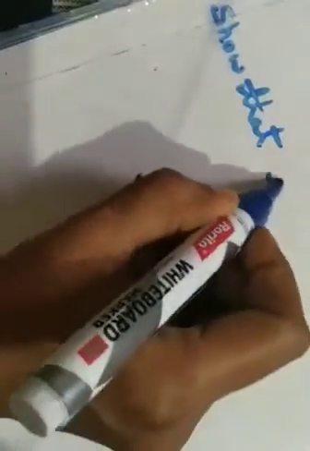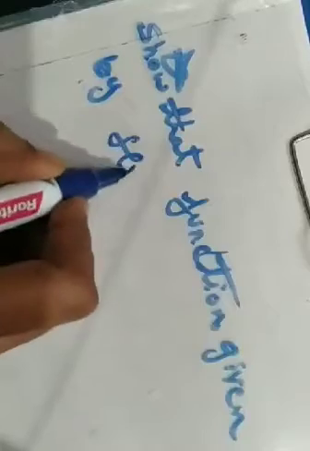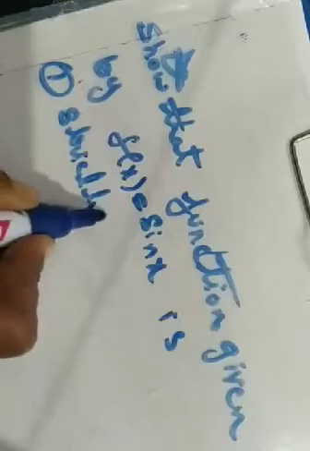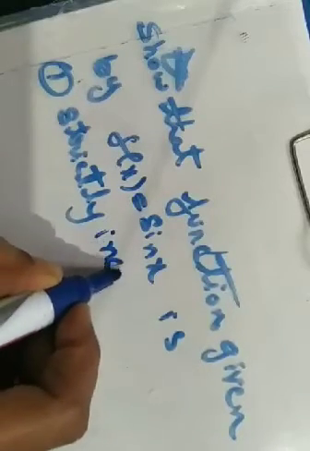Show that the function given by f of x is equal to sin x is, first one, strictly increasing in 0, pi by 2.